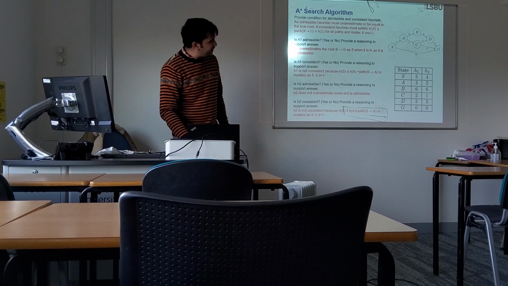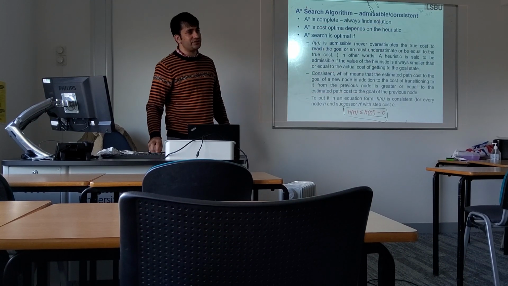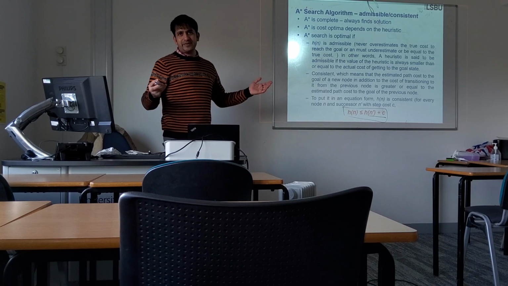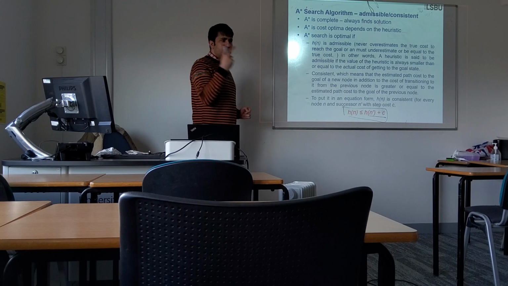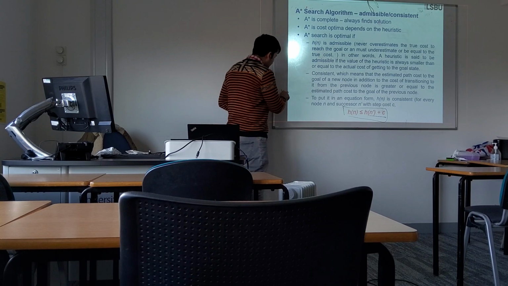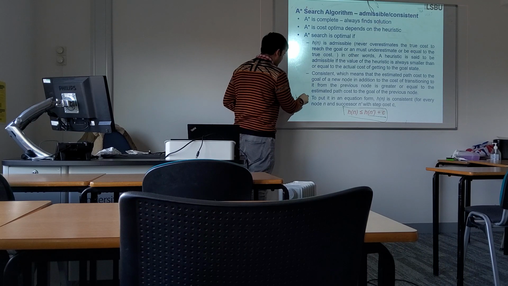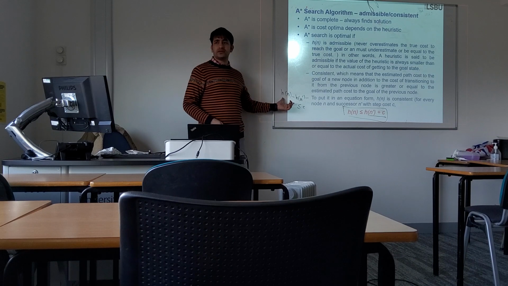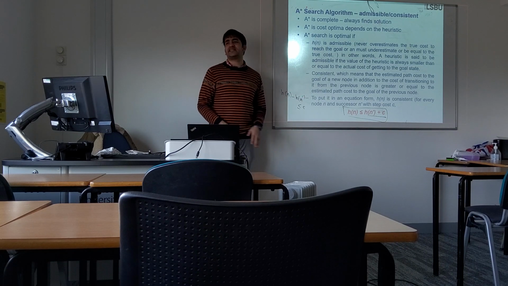So you have seen the condition for consistency and admissibility. Admissibility we will see straight away. But in this case, you can choose two ways. Either you can say h of n minus h of n prime is less than or equal to c, or you can say that the difference of the current state minus the next state is less than the cost.